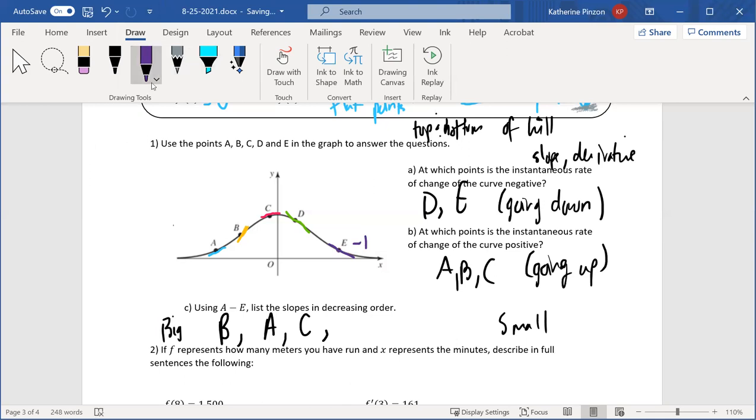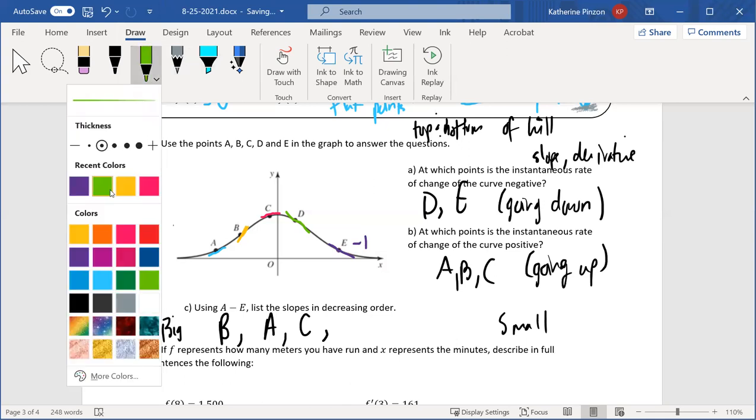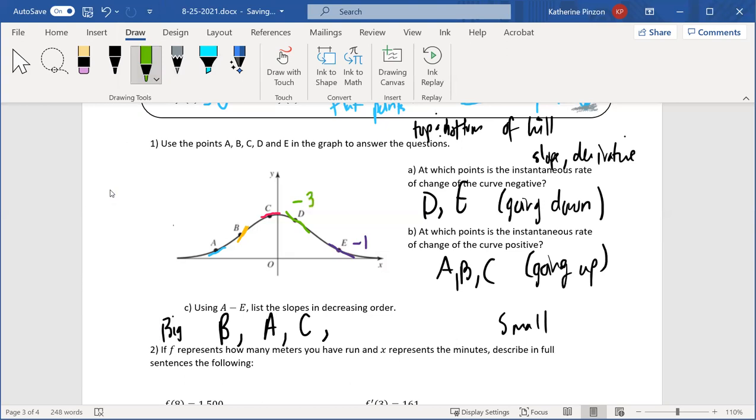If I'm going to label the slope at D, what would you call it? Like -3, yeah? So if I'm going from big numbers to small numbers, I have B, A, C, then comes 0. Which of these numbers comes next? -1, E, and then D, -3.